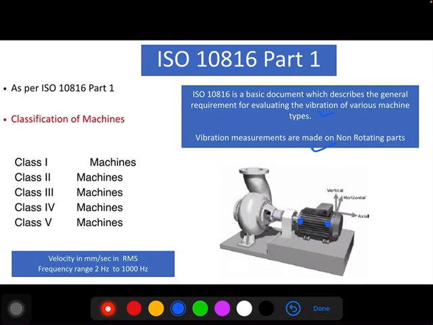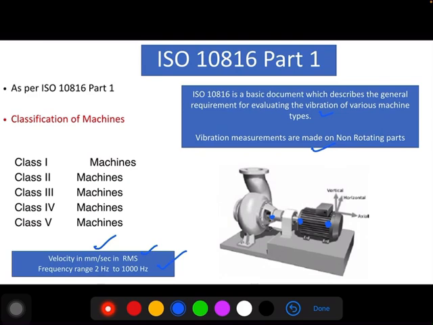And vibration velocity in mm per second is the measuring parameter, also in RMS. The frequency range generally used in ISO 10816 is from 2 Hz to 1000 Hz.